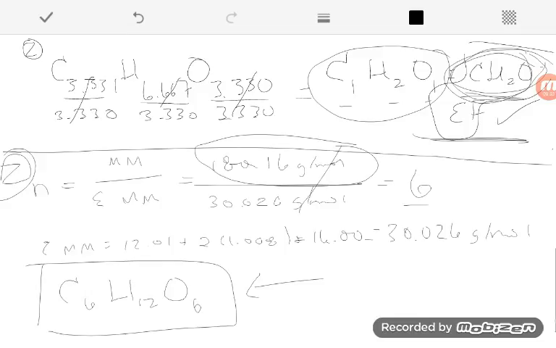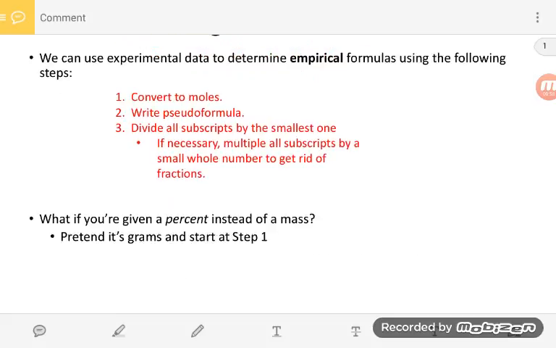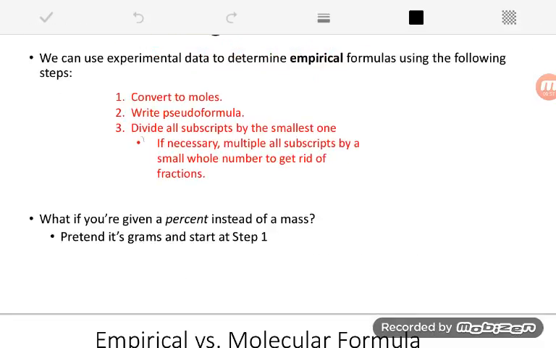Now, one thing I did not demonstrate that I just want to go up and make a note of is this point right here. Sometimes after you divided all subscripts by the smallest one, you might end up with something like C1.5H2, something like that. So you've divided all your subscripts and you would end up with something like this. We can't have a 1.5. We need to have whole numbers here.